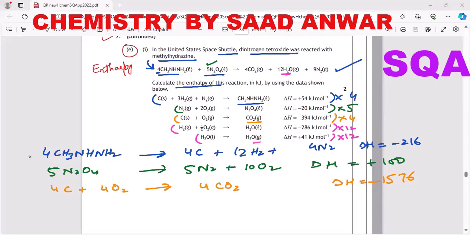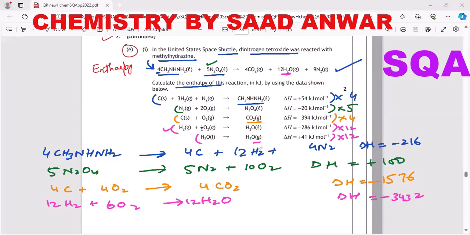So first, when you multiply this equation by 12, it would be 12 hydrogen and 6 O2 giving 12 water molecules, and this delta H would be minus 286 times 12, so it equals minus 3432.